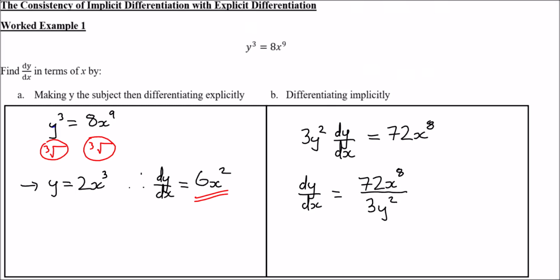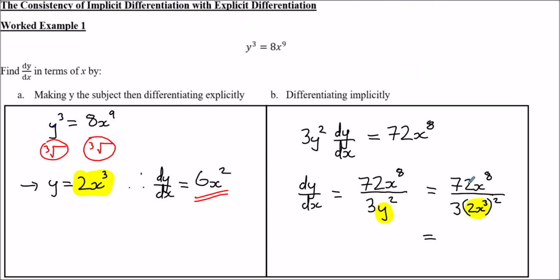Now we could leave it like that if a question said leave it in terms of x and y. But just to show you it's the same as what we have over here, y is actually 2x cubed. So if I make that substitution, we've got 72x to the 8 divided by 3 lots of 2x cubed, all squared, because that is what y actually is. So let's simplify this now.